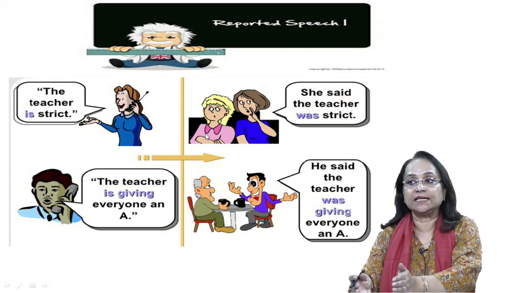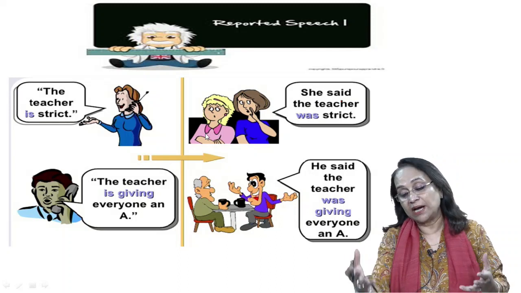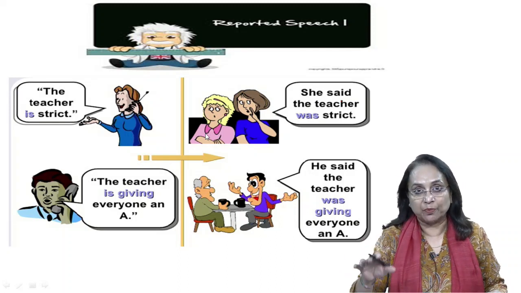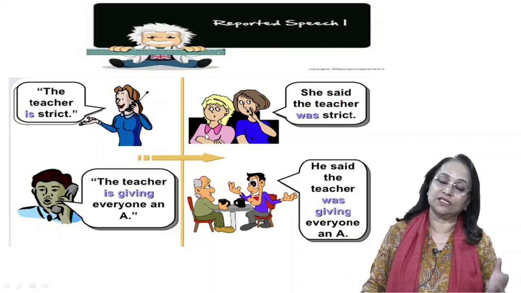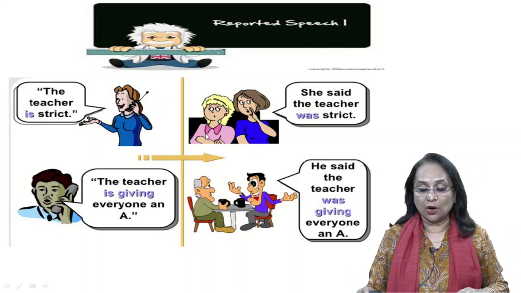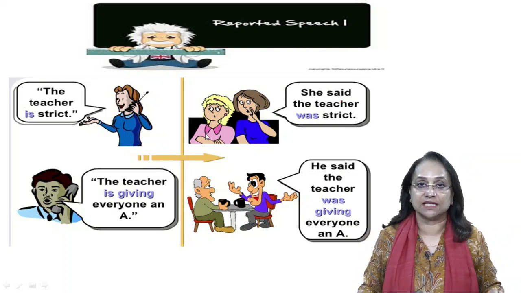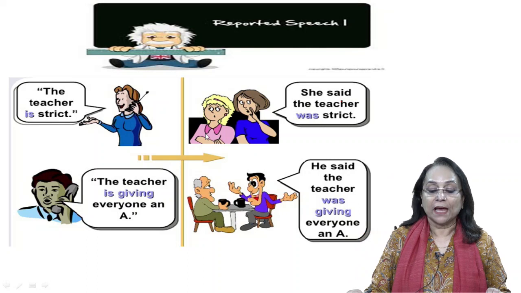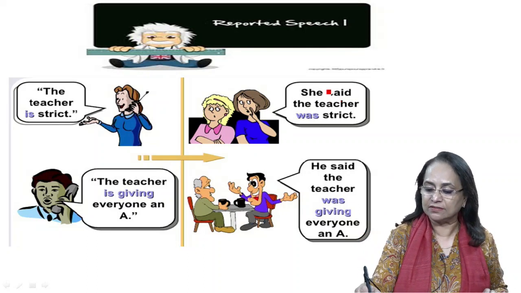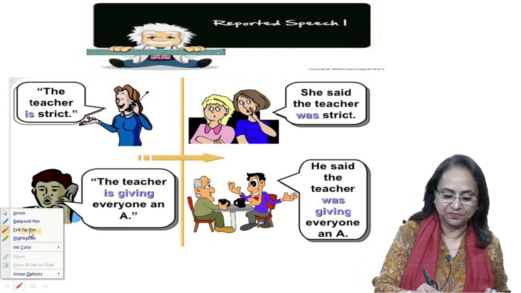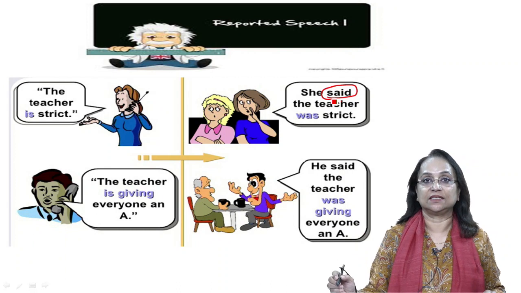So this side, on your right, rather on my right, it is reported speech, and on the other side, it is direct speech. Now, when you look at these sentences, you can find that there are certain changes in them, right? For instance, we have used the word said.